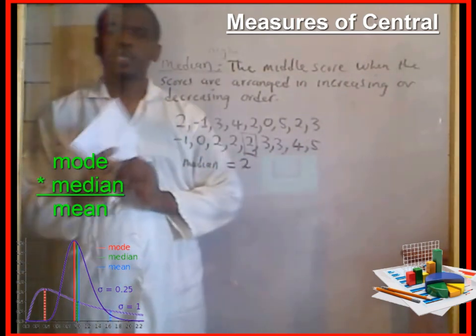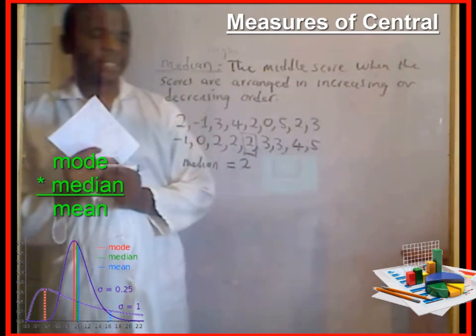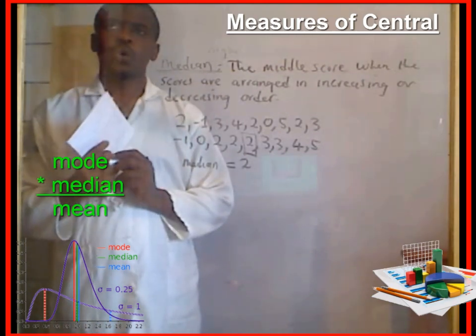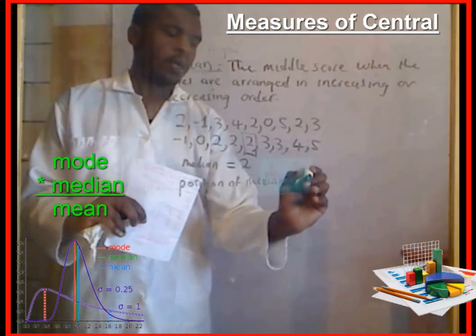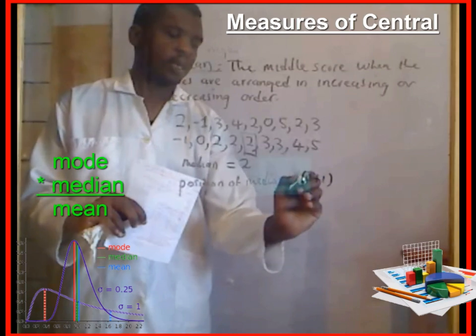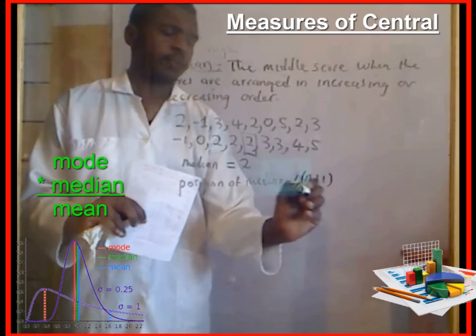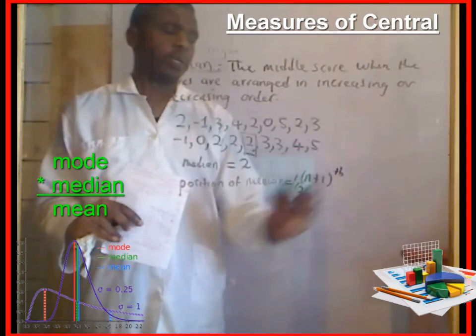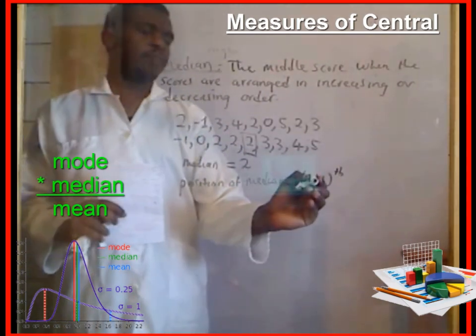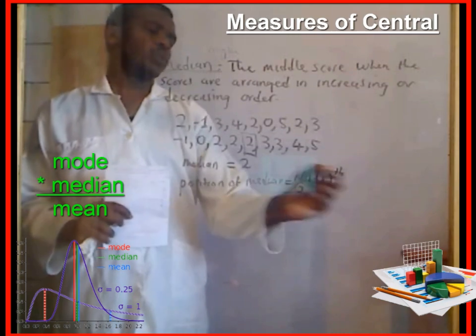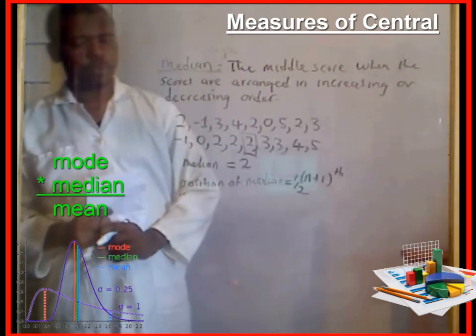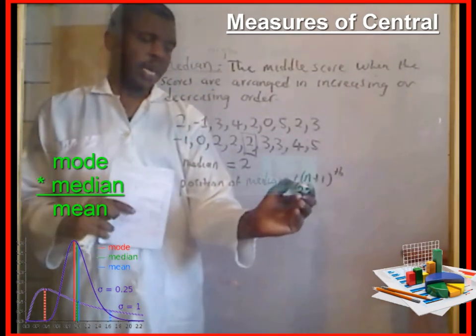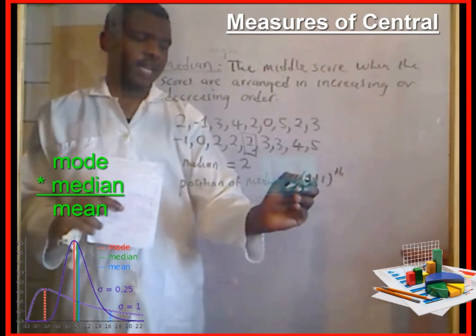In general, to get the position of the median, we use the formula (n plus 1) times half. So this gives us the position. So the median is at the (n plus 1) divided by 2 position. So what does that mean here? n stands for the number of terms. Here I have 9.